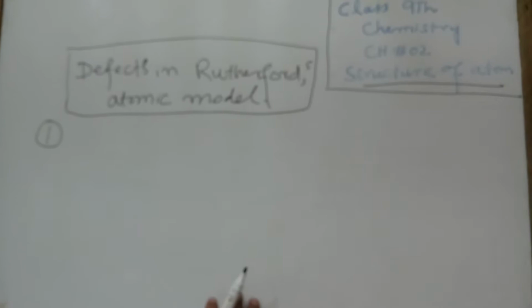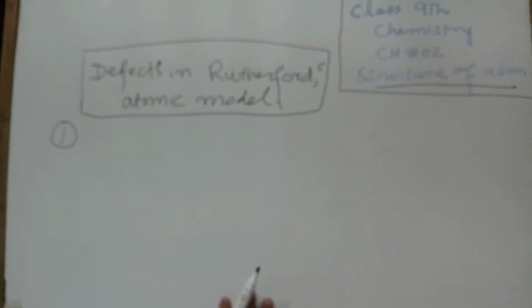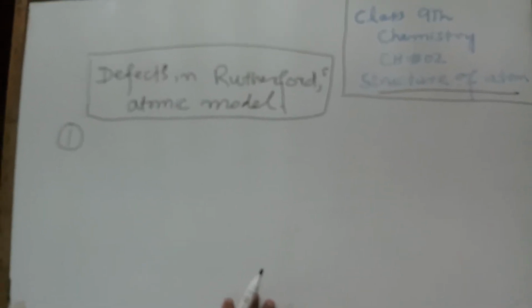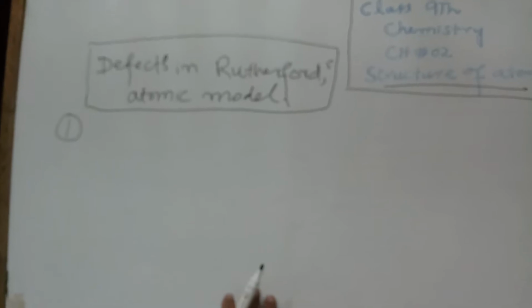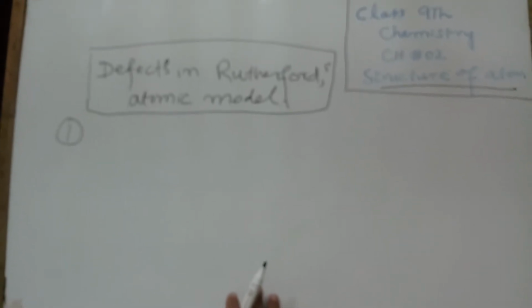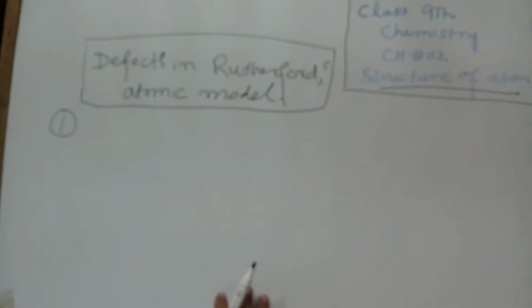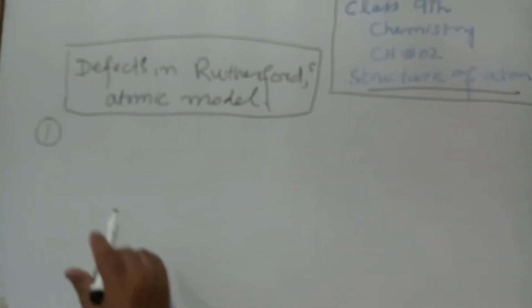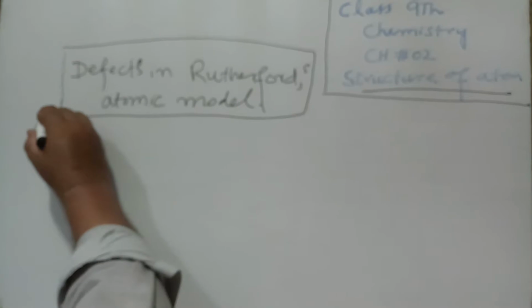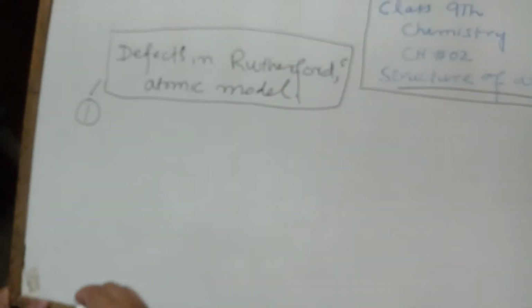So now we will discuss the defects, shortcomings, or drawbacks associated with the Rutherford atomic model. This can be one of your short questions. Let me start with the first defect in the Rutherford atomic model.